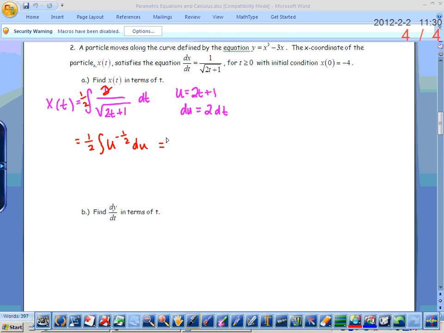A lot of people want to integrate that using natural log, but natural log is 1 over u, not 1 over the square root of u. Okay, how do I integrate that? Okay, u to the 1/2. Is that it? Plus c.